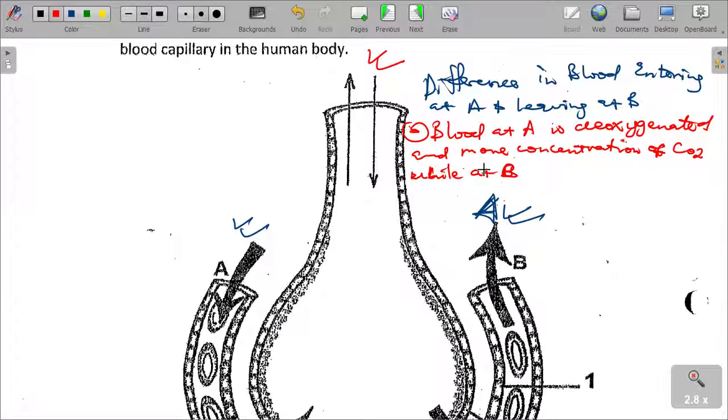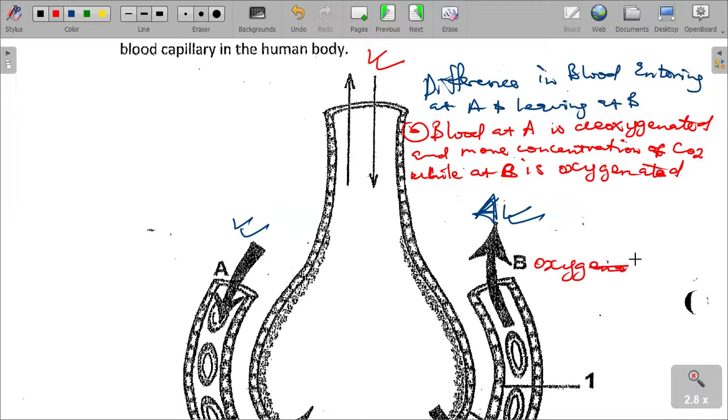B. What happens at B? Well, at B the blood is oxygenated. There is oxygenated blood here.